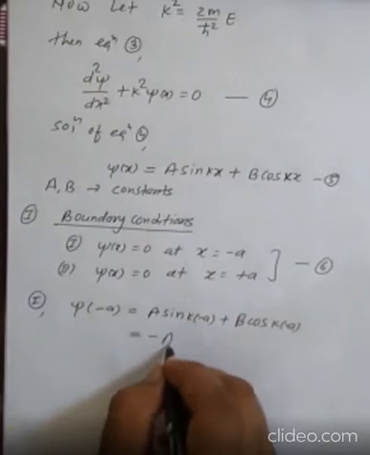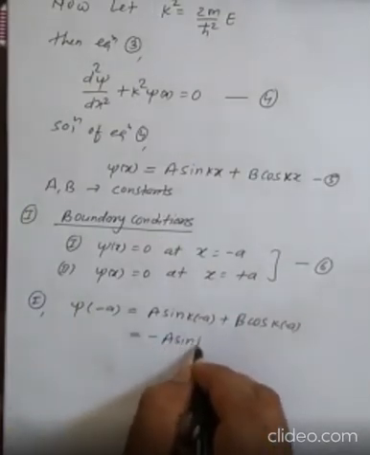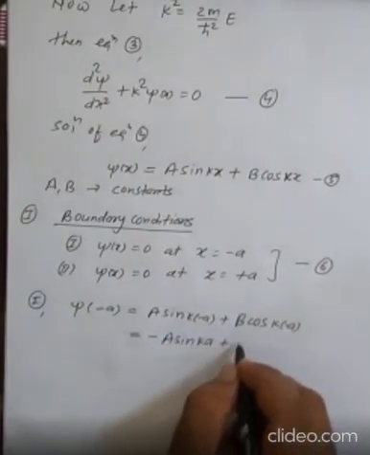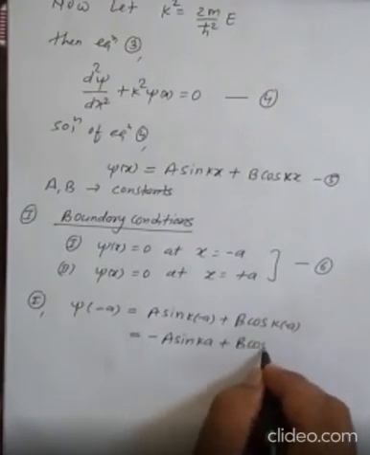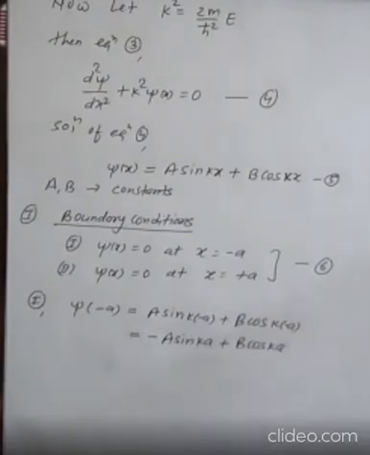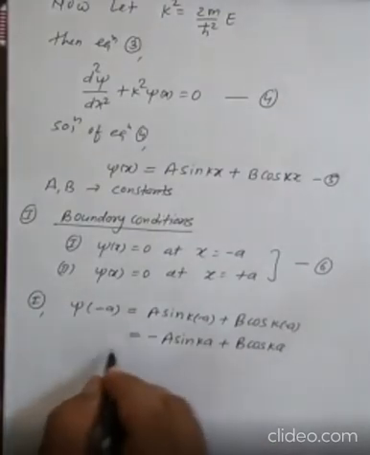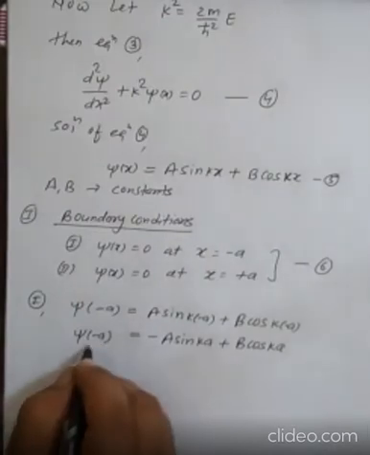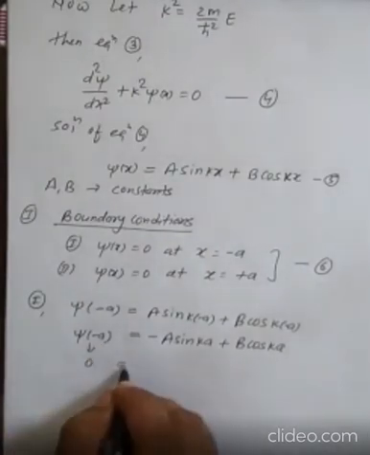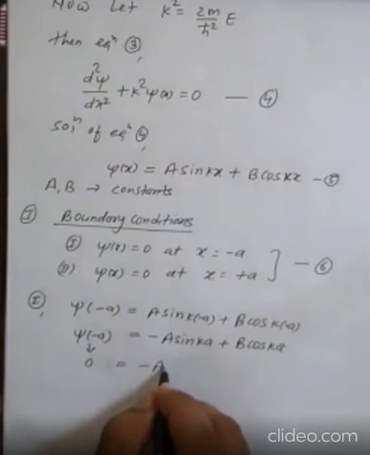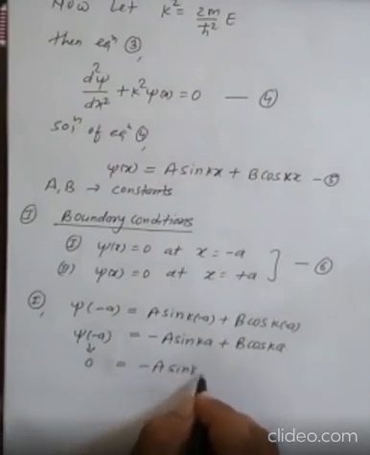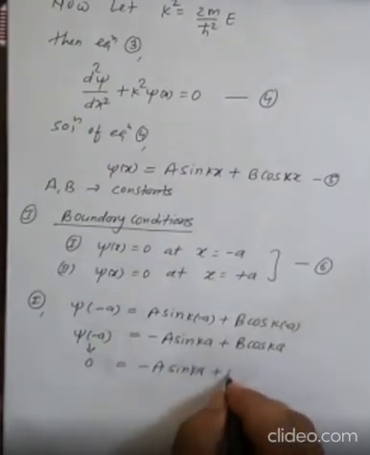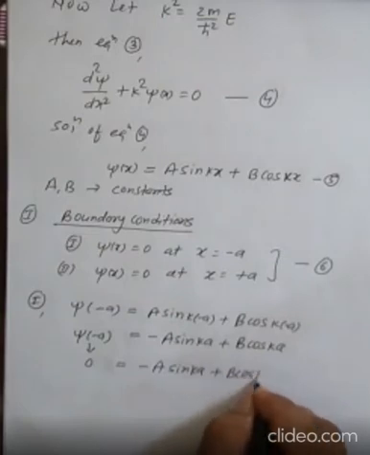So we will get minus A sin ka plus B cos ka. And psi(minus a) is 0, so we will get minus A sin ka plus B cos ka equal 0.